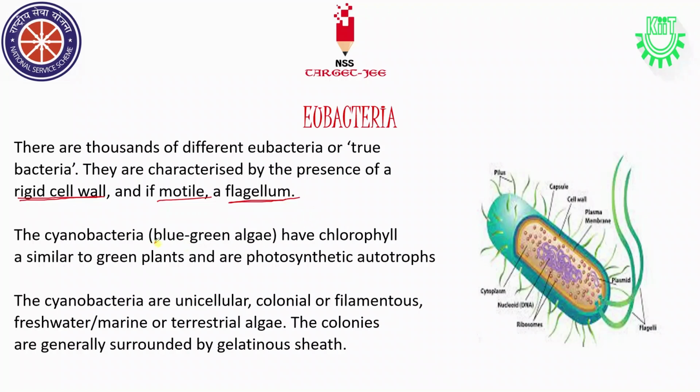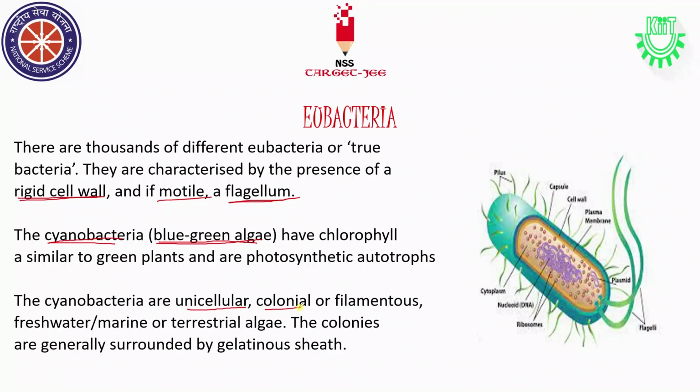The Cyanobacteria, which is also known as the blue-green algae, have chlorophyll similar to green plants and thus can photosynthesize like autotrophs.